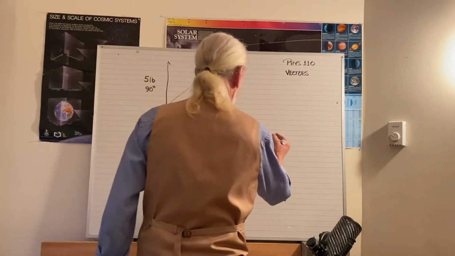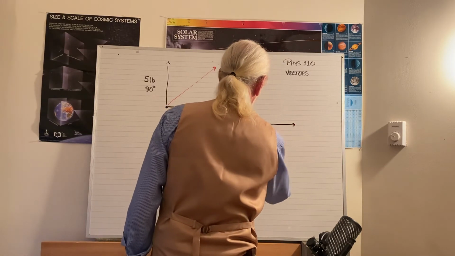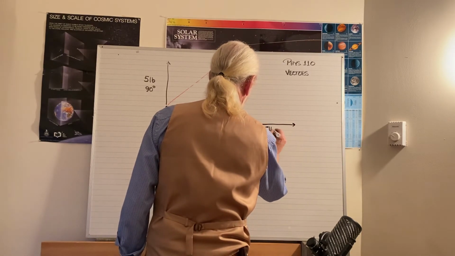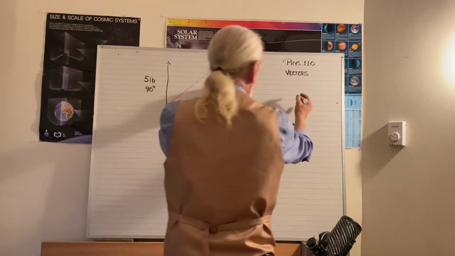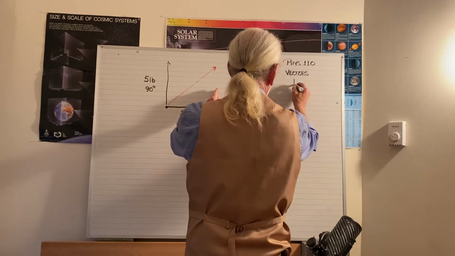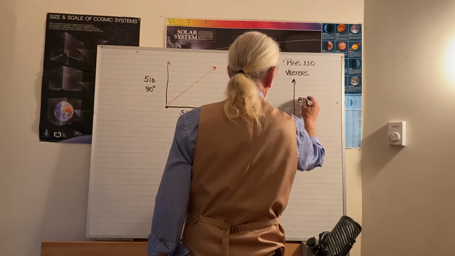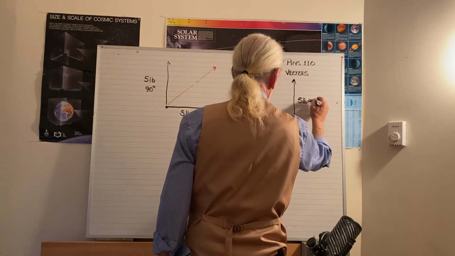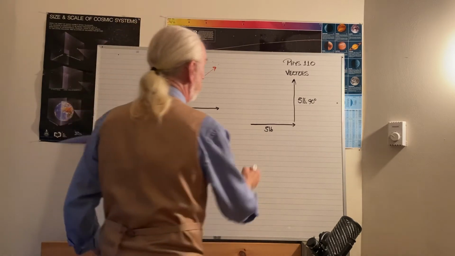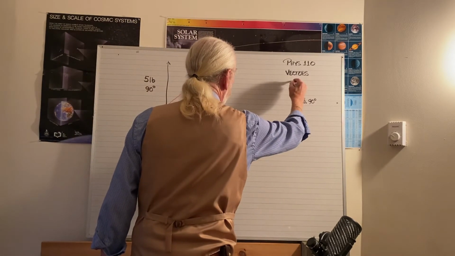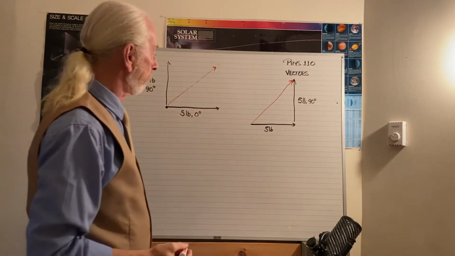We draw the horizontal vector first. And then I'm going to take this vertical vector and I'm going to move it over like so. Now I'll draw a diagonal, or more importantly, a hypotenuse, like so.